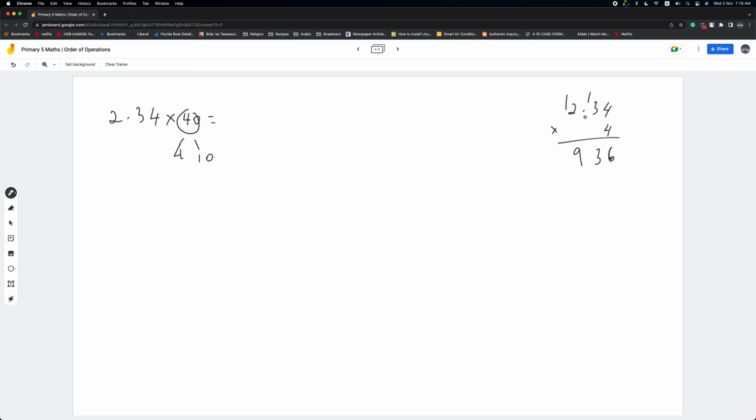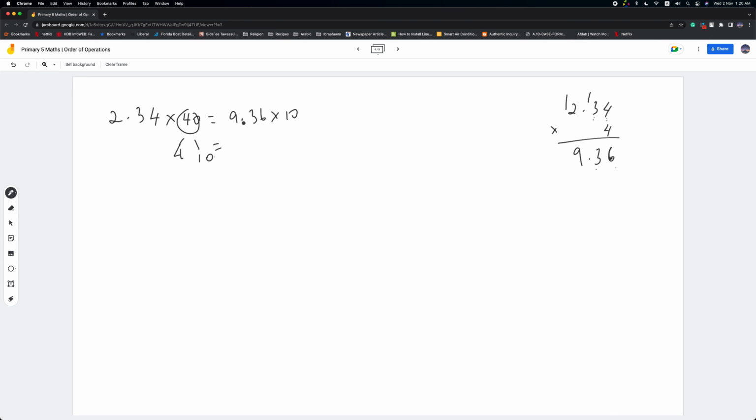But don't forget the decimal. How to know where to put the decimal? You see here, there's 2 numbers after the decimal. Same, 2 numbers after the decimal. Then times 10. If you want, you can put it like that, but if you don't want to put it in your actual number sentence, you can do it separately.